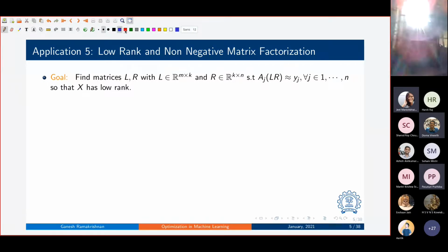So let's say you're trying a similar kind of problem. Let's say this is X, right? So if X was, let's say, L into R, or L hat R hat, such that L hat had negative entries.